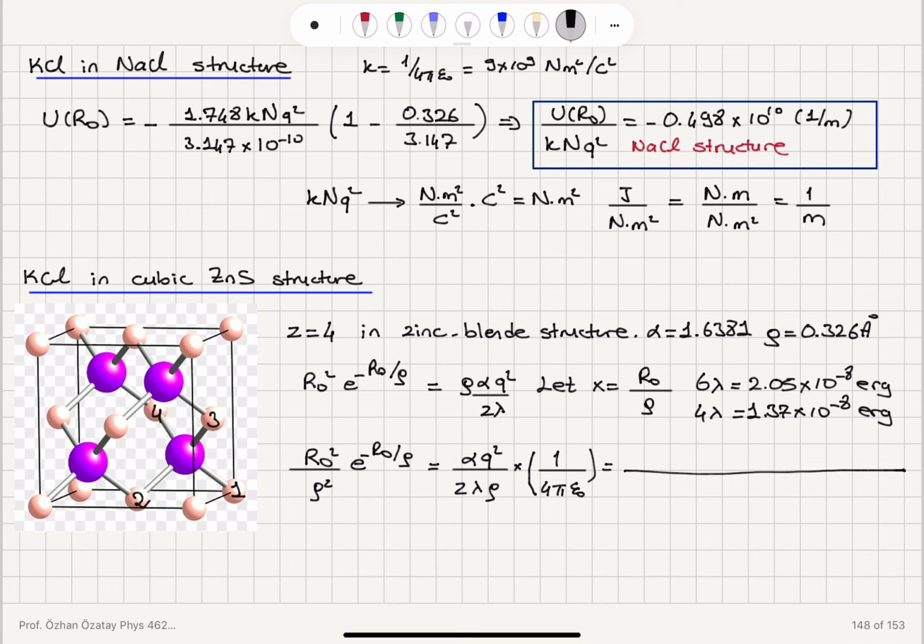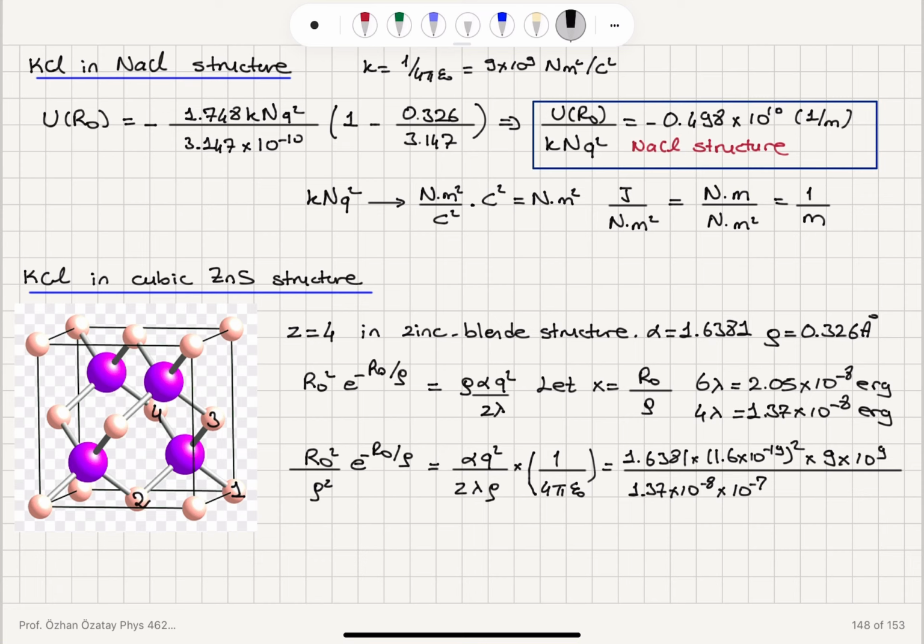This is equal to, let's plug in the numbers here: alpha value 1.6381, Q 1.6 times 10 to the minus 19 coulombs squared, the Coulomb constant 9 times 10 to the 9, divided by Z lambda value 1.37 times 10 to the minus 8 ergs converted to joules.